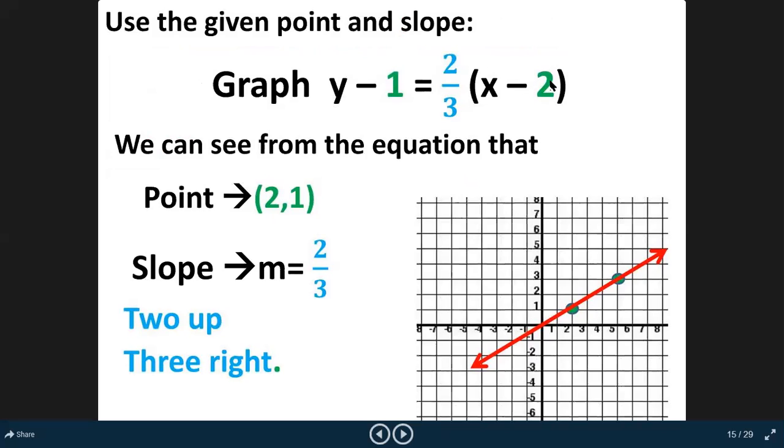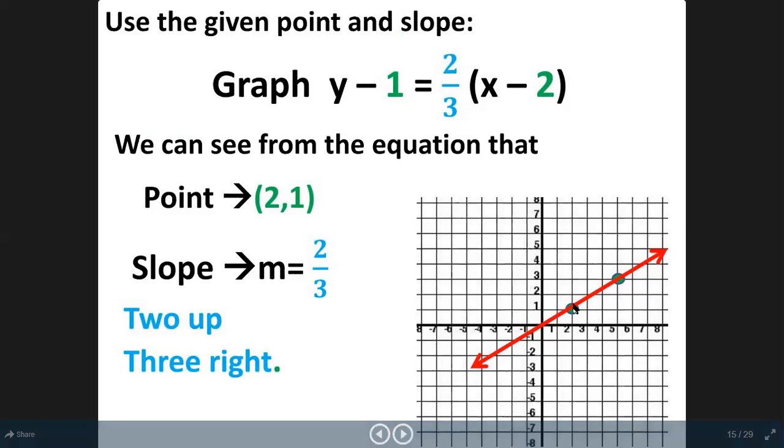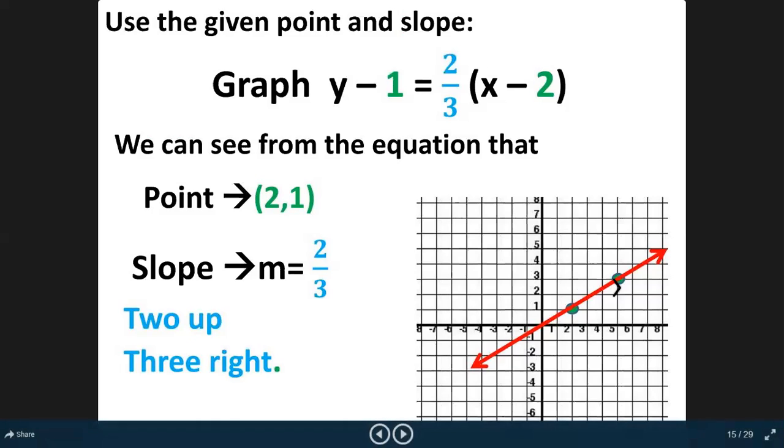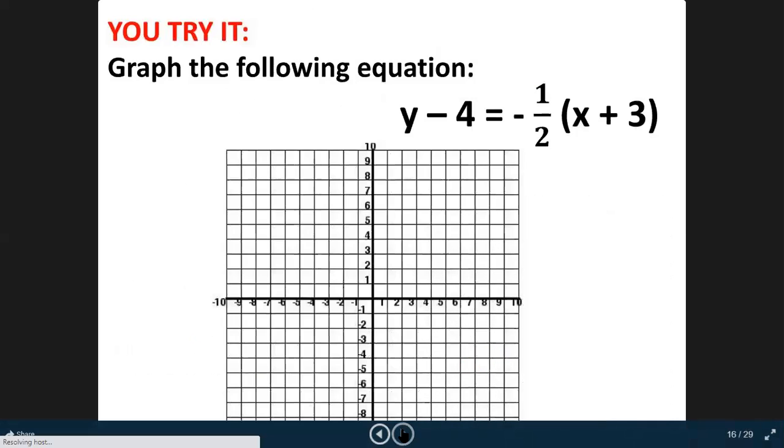In this question the point is 2 and 1, so we go to 2 and 1 and stand on it. It will be the starting point. Then we use the slope, 2 points up and then 3 to the right, and then we connect between them. So this is how we can use point slope form to graph.